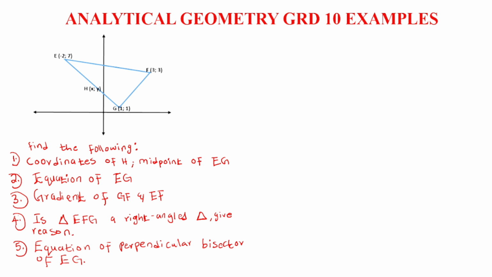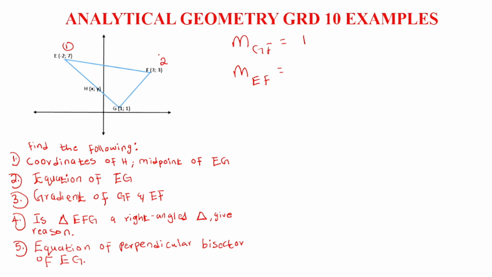Okay, next page, let's have a look at this one. Now we need to find the gradient. We managed to find the gradient of FG on the previous page. It was 1. So now we must find the gradient of EF. Let this one be coordinates number 1.